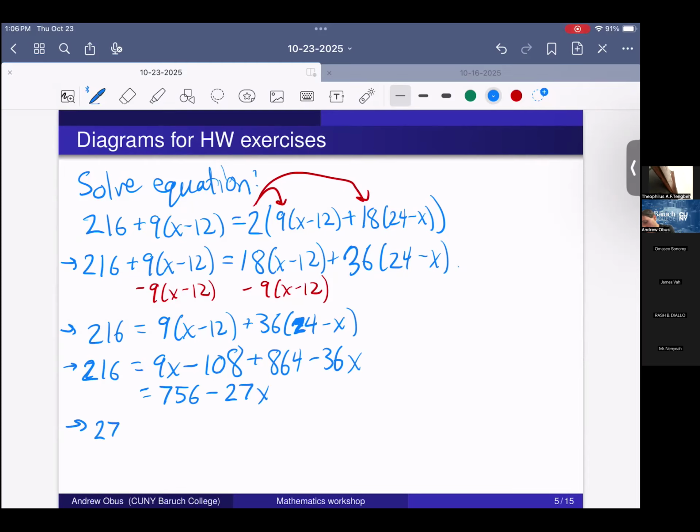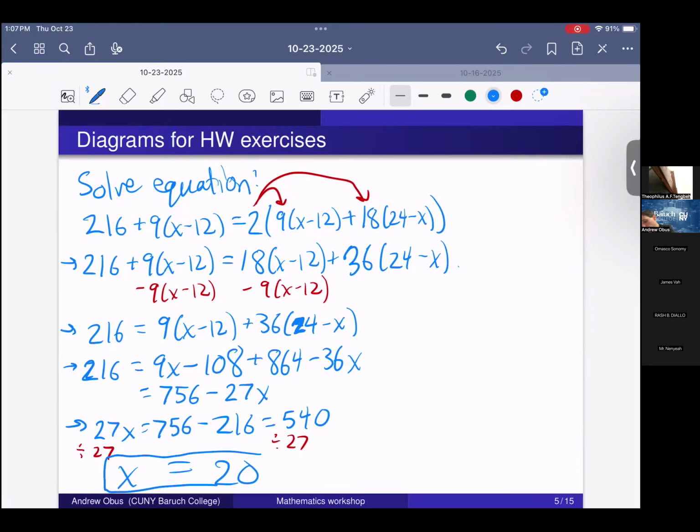So this gives us 27x equals 756 minus 216, which is equal to 540. And then we can divide by 27 and divide by 27, and we end up getting that x is equal to 20. Okay.